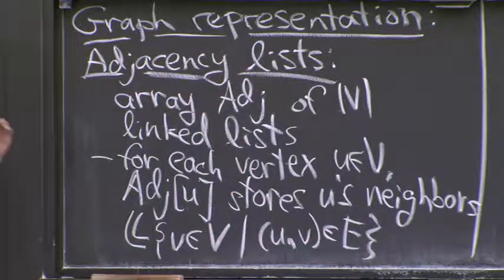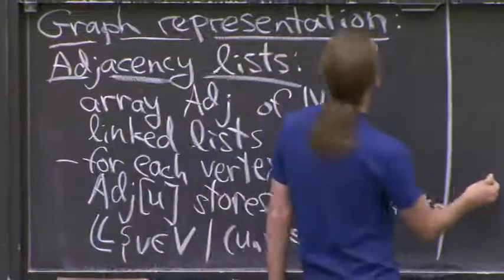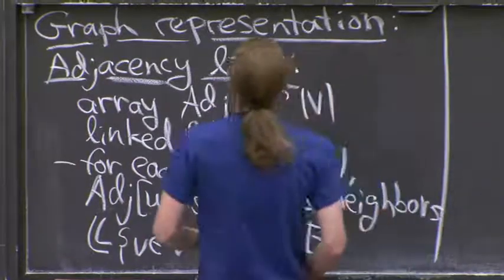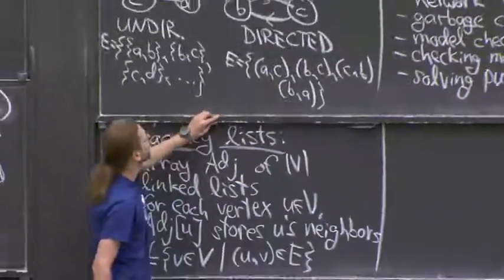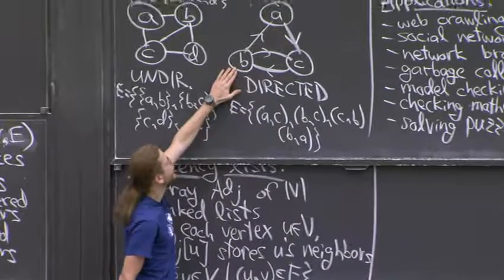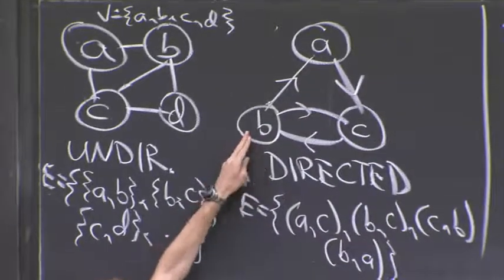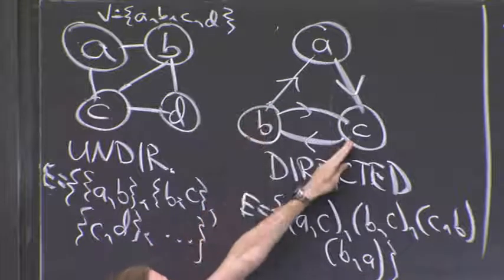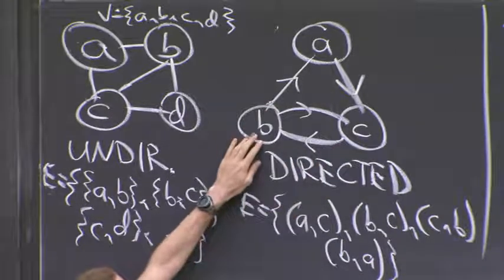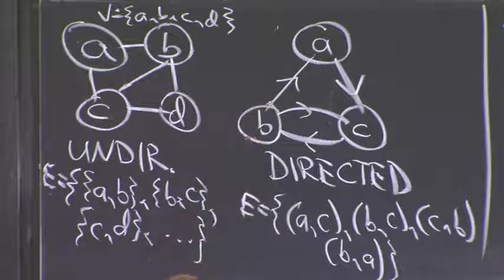So if I have a vertex like b, ADJ of b is going to be both a and c, because in one step there are outgoing edges from b to a and b to c. So ADJ of b is ac.